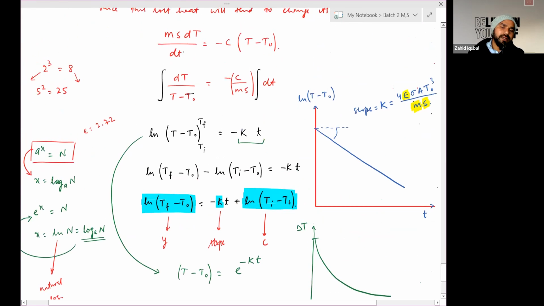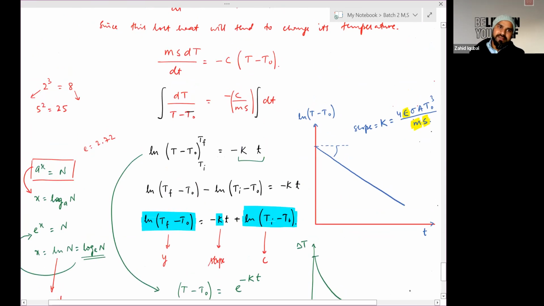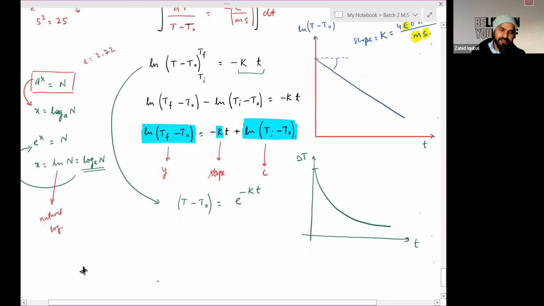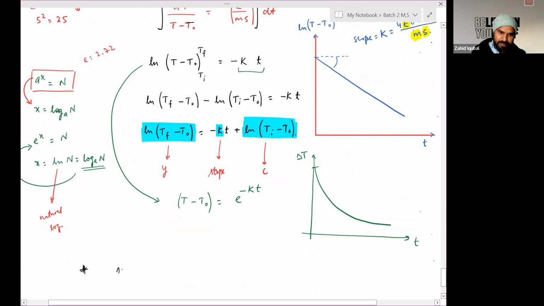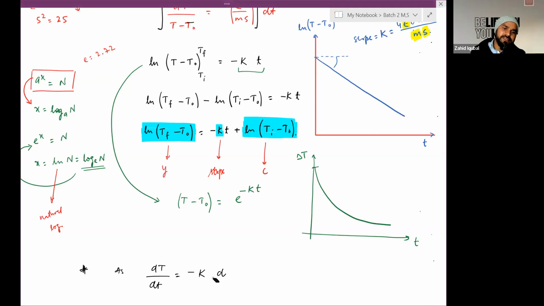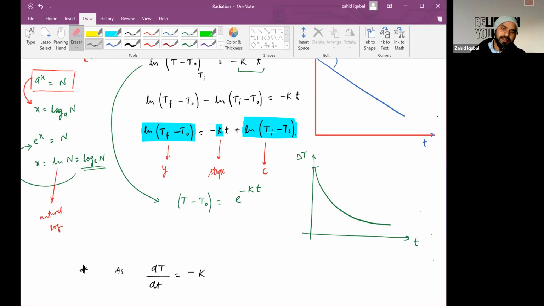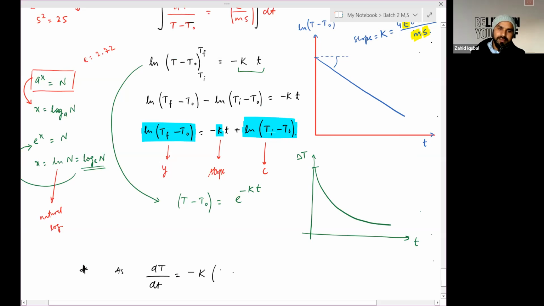In this part, I've written m s delta T divided by T equals some constant times temperature difference. So you'll write it as dT divided by dt equals minus some constant K times the temperature difference, T minus T naught.